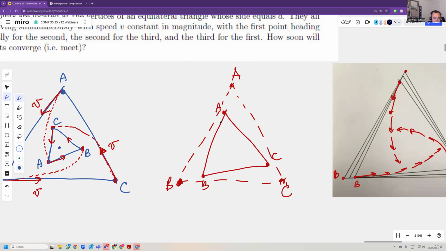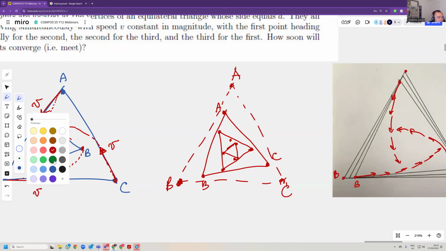So you can see that the triangle looks like this now. Now A moves a little bit further towards B, B moves a little bit further towards C, and C moves a little further towards A. You can see this pattern. And then you can see the new position of B, new position of C, and new position of A. And carry on.